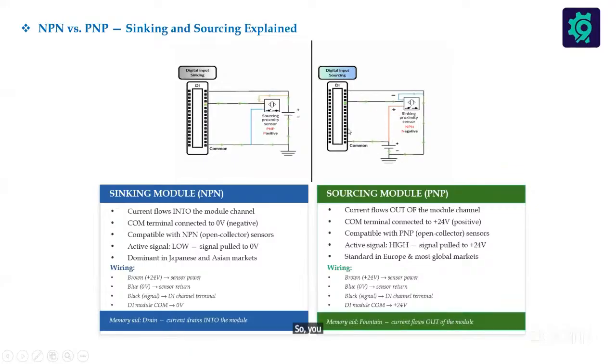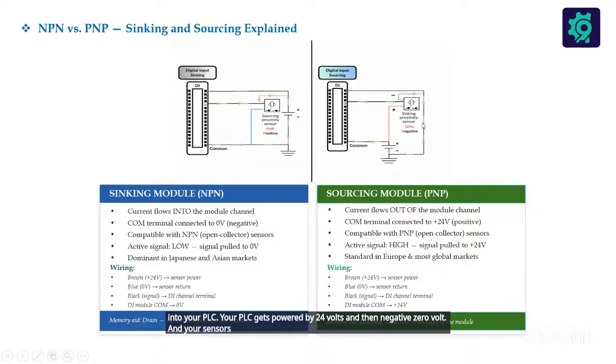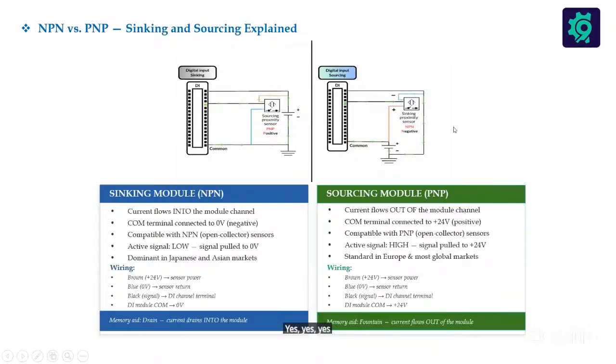You may not be able to tell directly, because from what you explained earlier, you connect both 24 volts and 0 volt to your PLC. Your PLC gets powered by 24 volts and 0 volt, and every cable of your sensor is connected directly to the PLC terminals, with no external power supply.